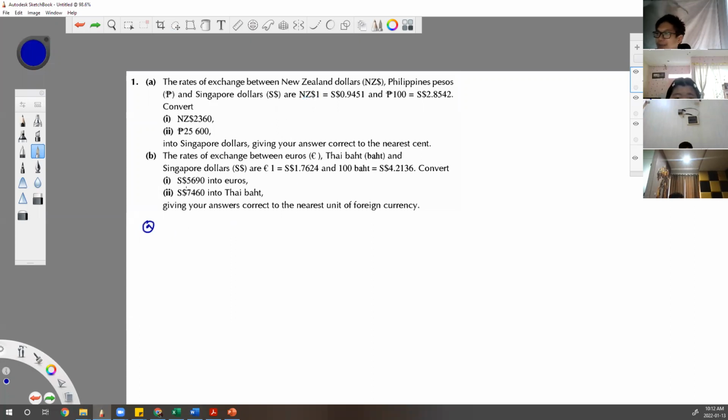One New Zealand is equal to Singapore 0.9451, ribet banget tapi nggak apa-apa. And 100 pesos, Philippines, and Singapore is 2.8542, right?